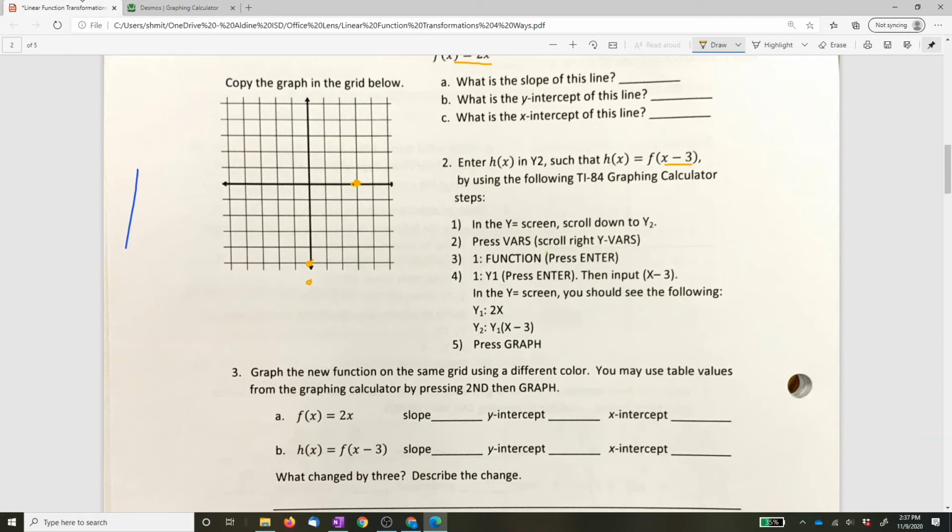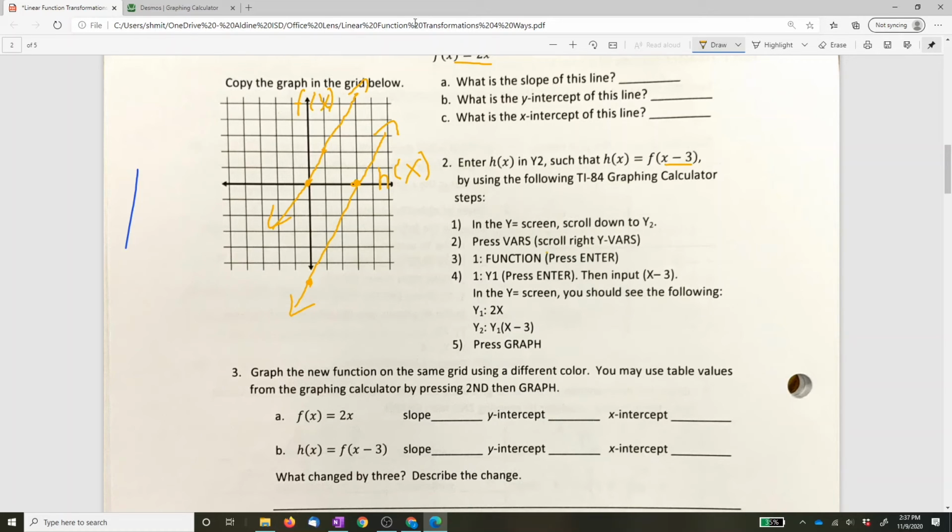Oh, it wasn't that one. It was this one. 6. Connect those two with a line. And the original one had 0, 0, and 1, 2. This top one is f of x. The bottom one is the one that we just did in Desmos, which is h of x.